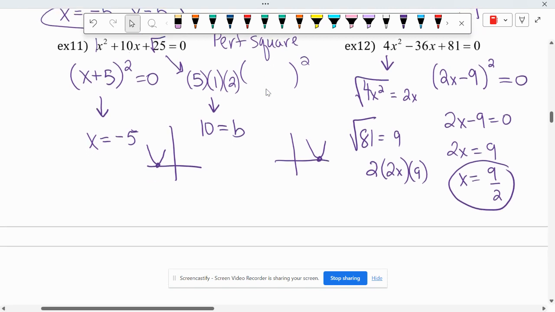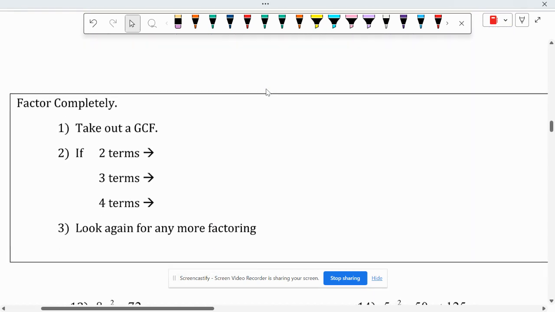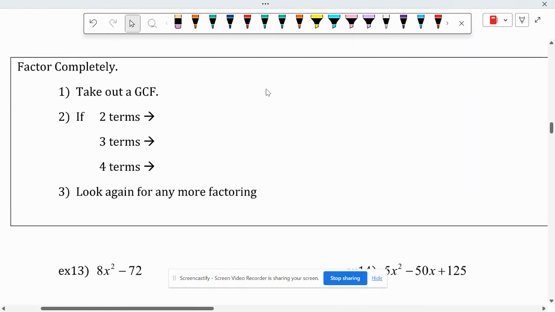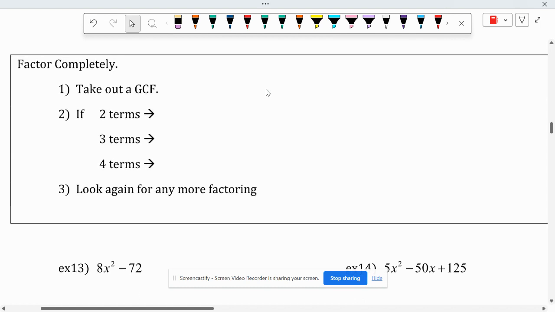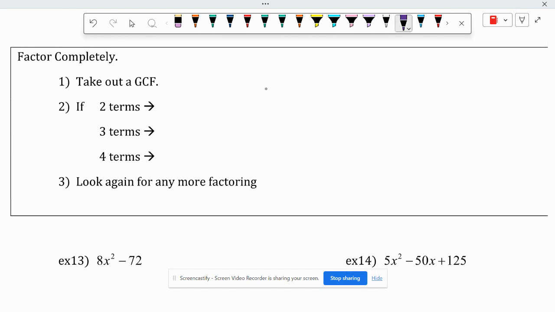Let's try it. Factor completely. So take out a GCF. If there are 2 terms, check to see if you can use difference of squares. Remember, both terms are perfect squares, joined by a minus.